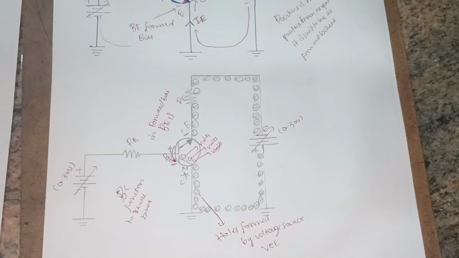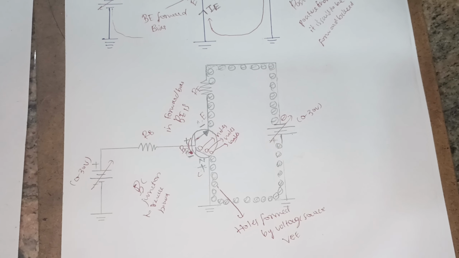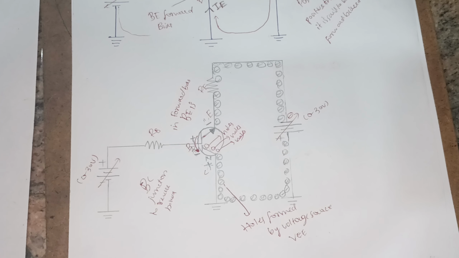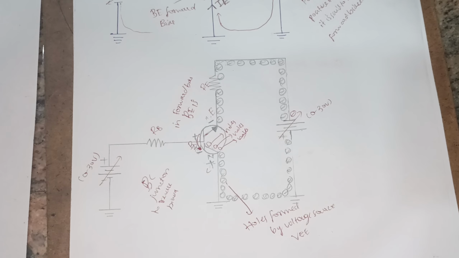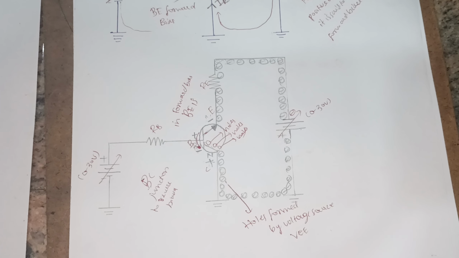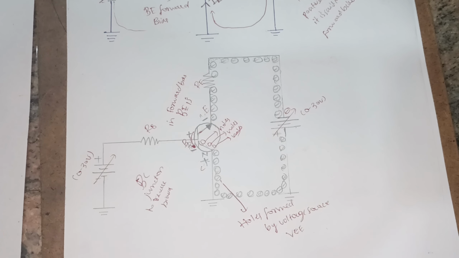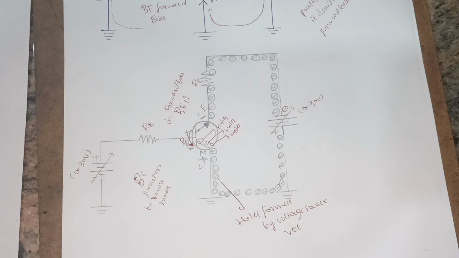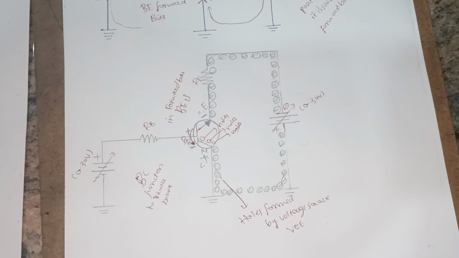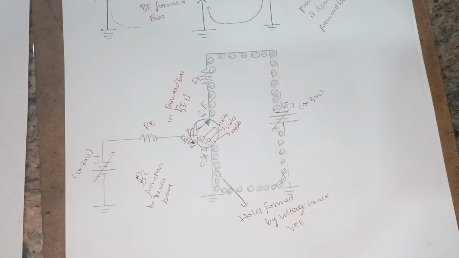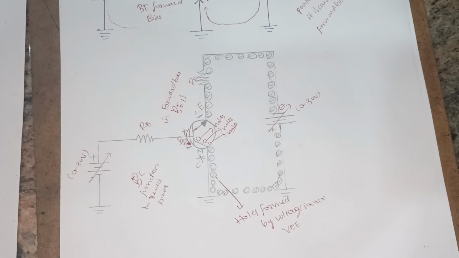So this is about electron movement and hole formation, and also the positive and negative charges on the BJT, the polarities of the BJT in different configurations and different biases, forward bias and reverse bias. What about the base emitter junction, and why it should be in forward bias, and what about the base collector junction, it should be in reverse bias.